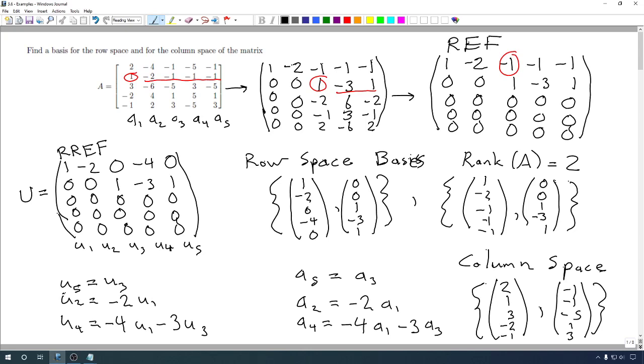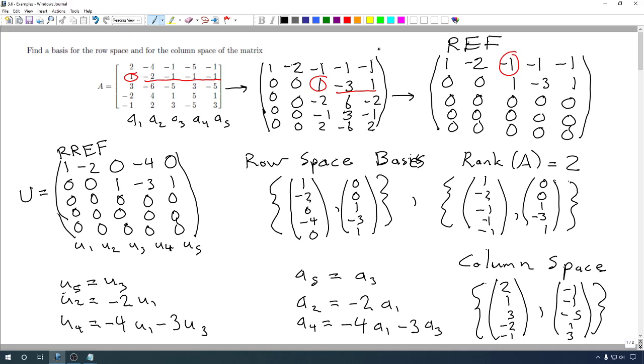So row operations does change the column space, but because we can use the same relationships that we find in the reduced row echelon form to make the column space of A, we can actually use the information from Gaussian elimination to do that.